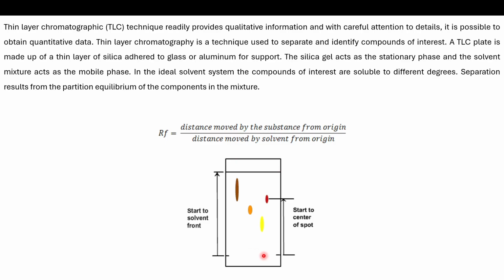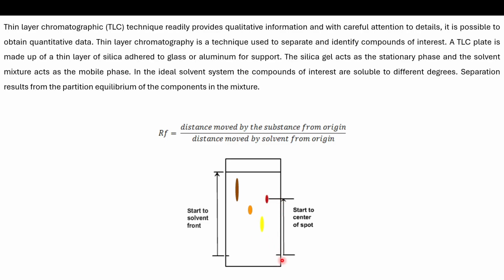And so what happens is you spot your mixture here, and suppose it has these four different compounds, and you dip this TLC plate in a solvent inside a container. The solvent will start moving up, and if you see this particular brown spot at the topmost part, then this is more soluble with the solvent as compared to the yellow one, which is less soluble with the solvent and hence moves up the least as compared to all these four here. Okay.